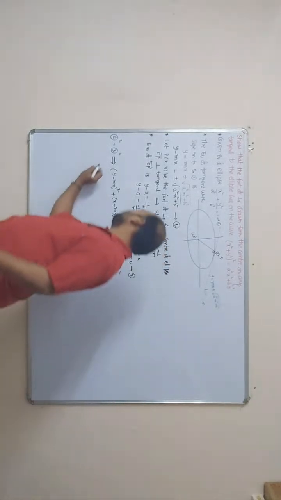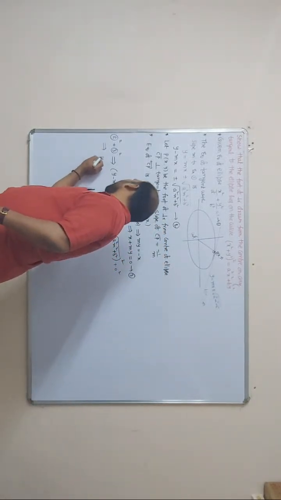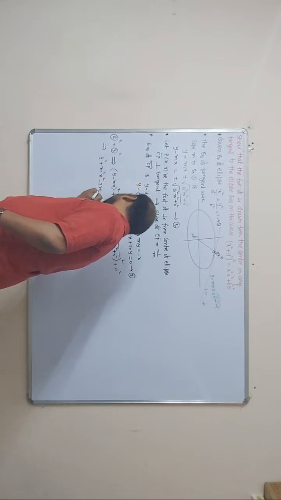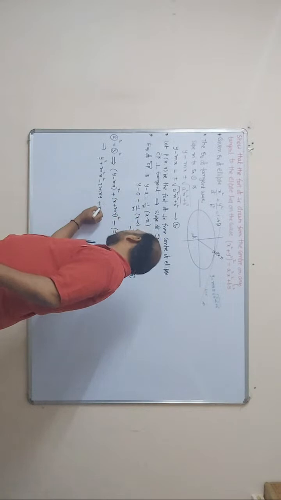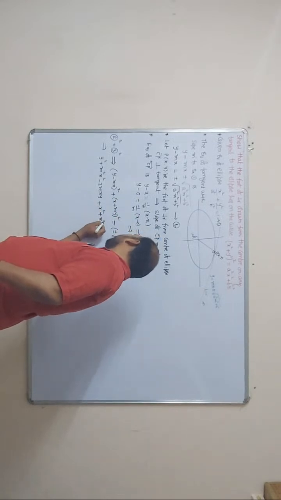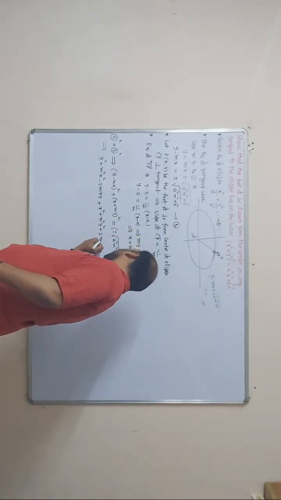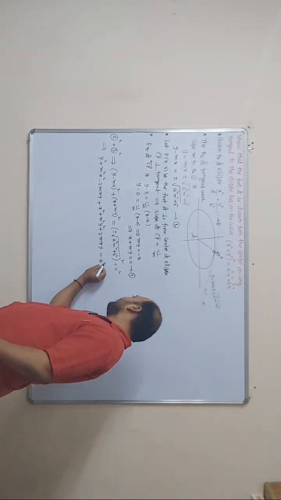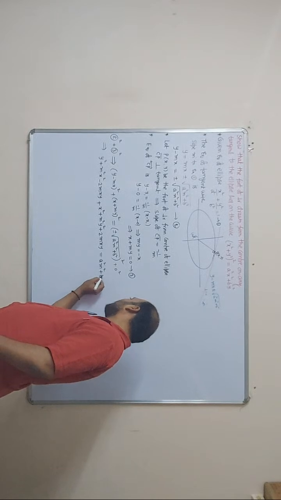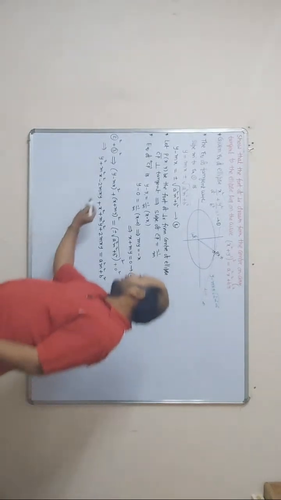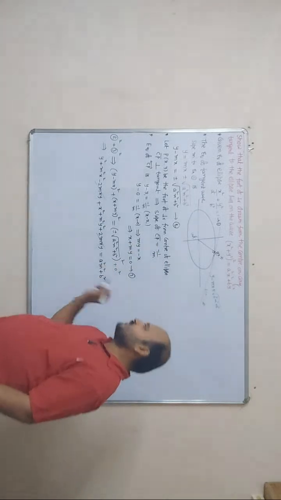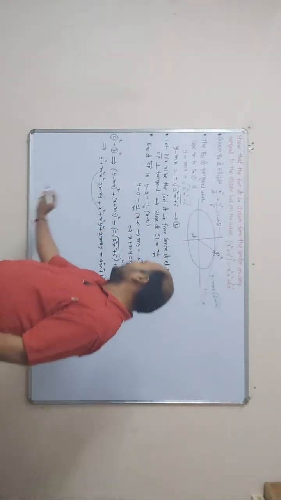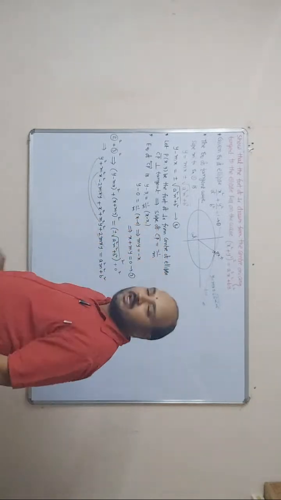Equation 2 square plus equation 3 square. Normally expanding: y square plus m square x square minus 2mxy plus x square plus m square y square plus 2mxy is equal to, the square and root cancel, a square m square plus b square. Minus 2mxy plus 2mxy get cancelled. From these two take x square common, from these two take y square common.